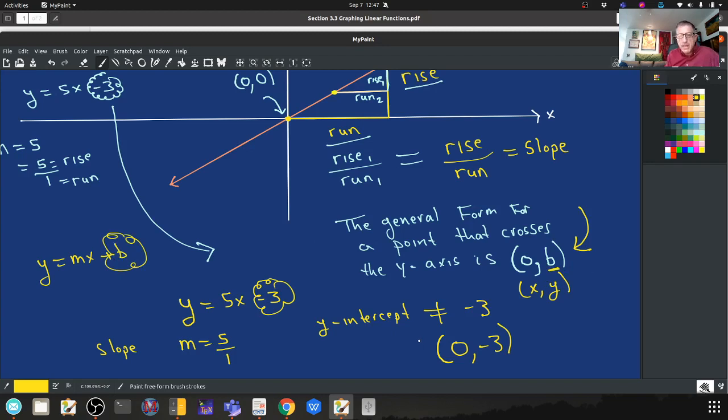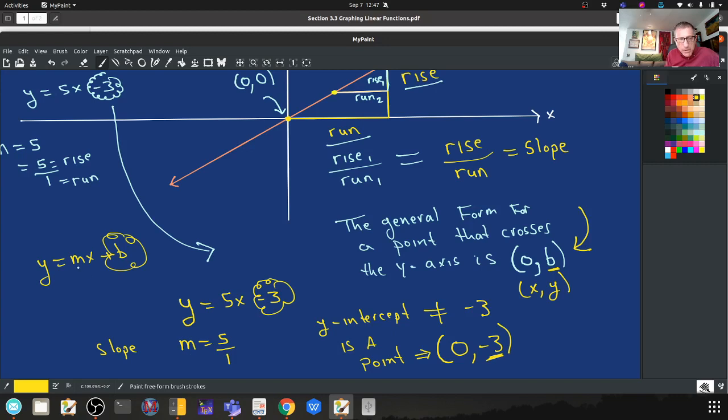So the y-intercept is not a number, it's a point. If you have an equation in the form y is equal to mx plus b, you already know the x value is going to be 0. All you need to do is find the value of b.